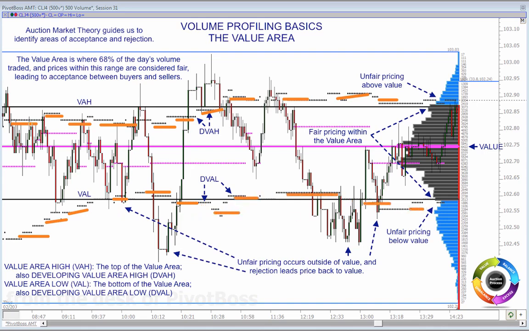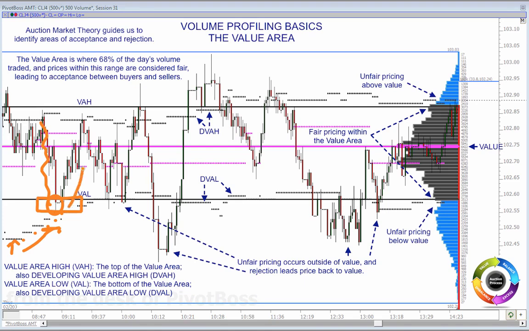So it is your goal, as you see the auction update live, to understand what price is doing. For example, if you're looking at the developing value low here, and it shifts from here, higher, then higher, then higher, and then higher still, and price drops into it after this has been shifting higher, the pros easily see this.